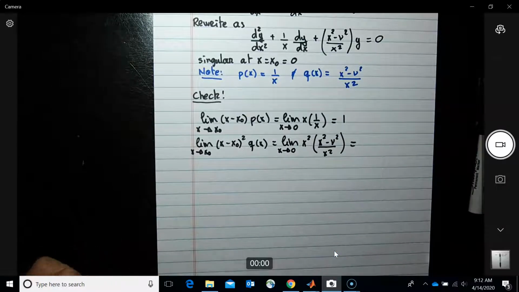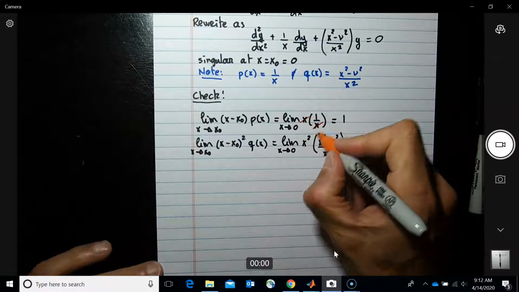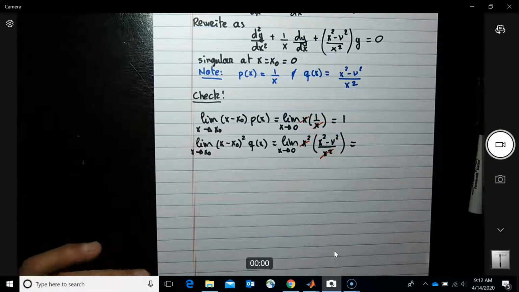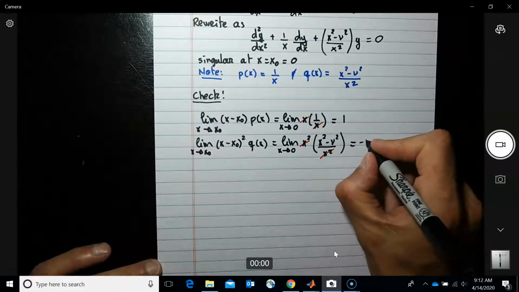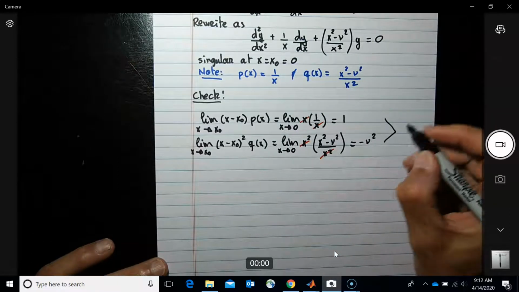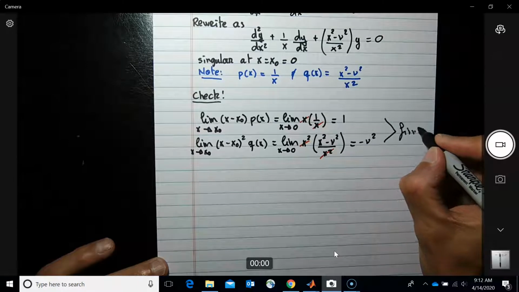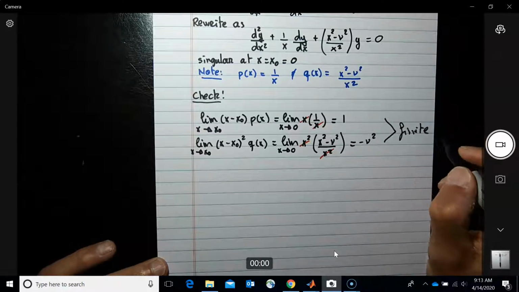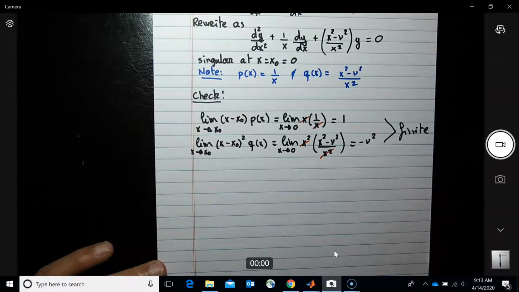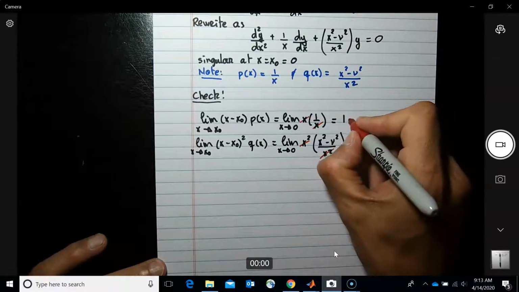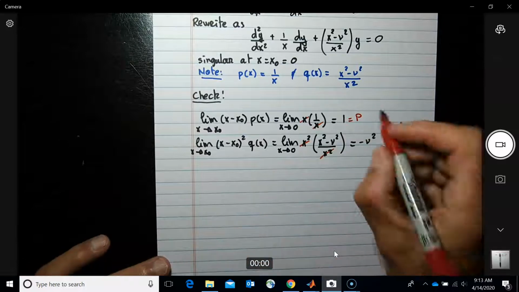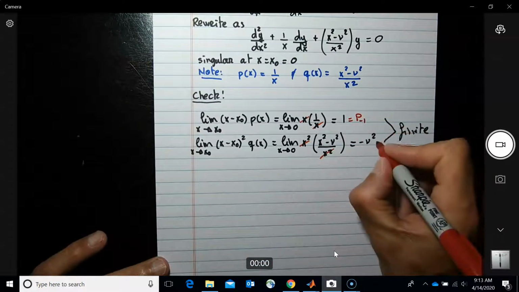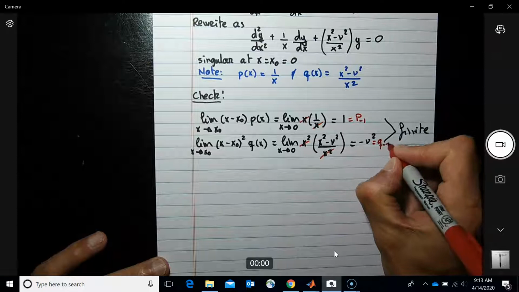In this case, you see the x squared cancels, so the x squared goes to 0, and everything will go to minus mu squared. So both limits are finite. And the other thing we know, if you look at the notes for the Bessel equation, we can say this term is p minus 1 and this one would be q minus 2.